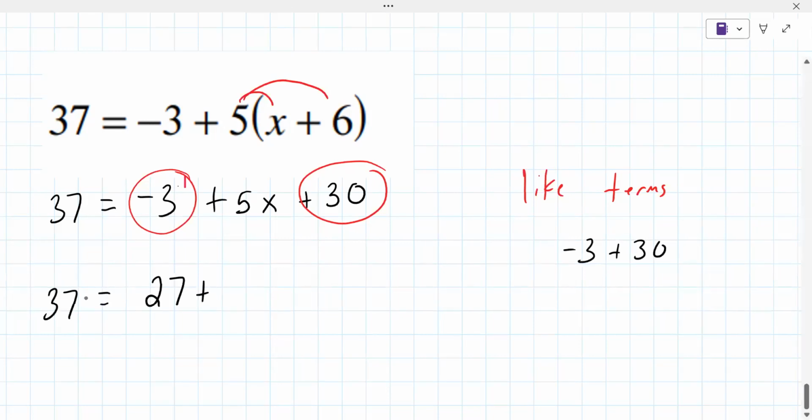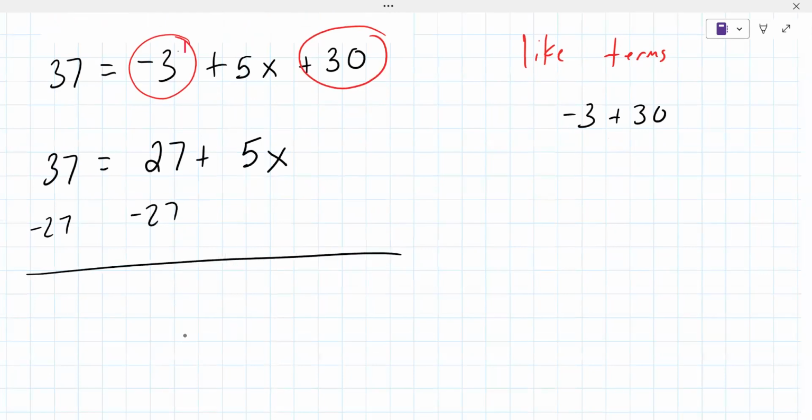Okay. Then you subtract 27. And then you divide by 5, so it'd be x equals 2.